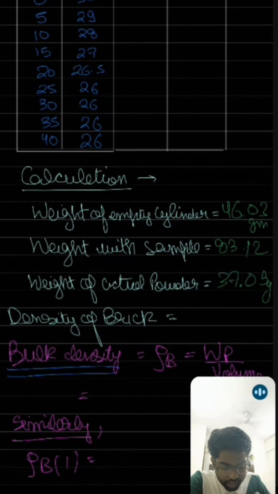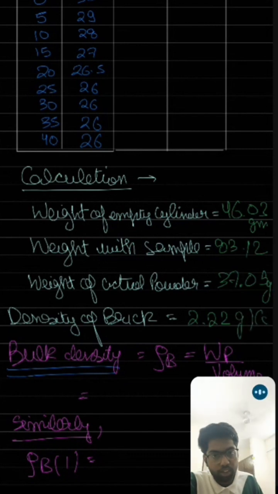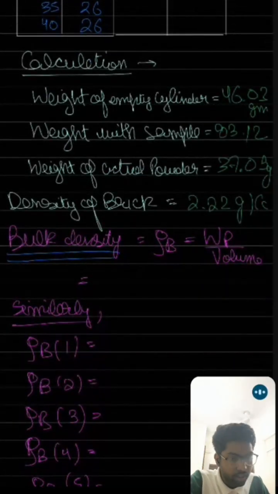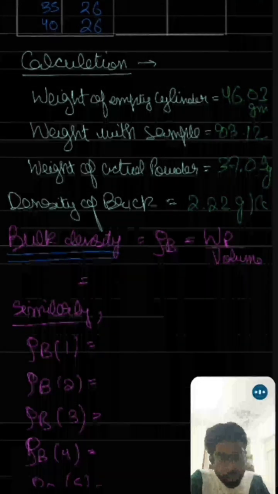And the density of brick is known, that is 2.22 grams per cc. Now we will find out the bulk density of each given sample. The bulk density formula is the actual weight of powder upon volume.